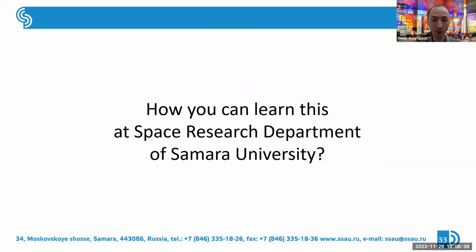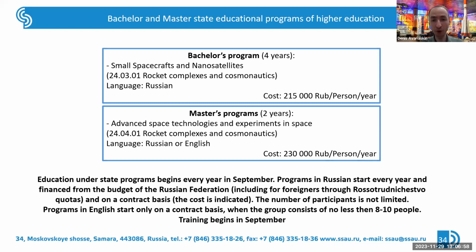So how can you learn all of this that I have told about at the Space Research Department of Samara University? What do we have in our university to create nanosatellites? First of all, we have two educational programs.